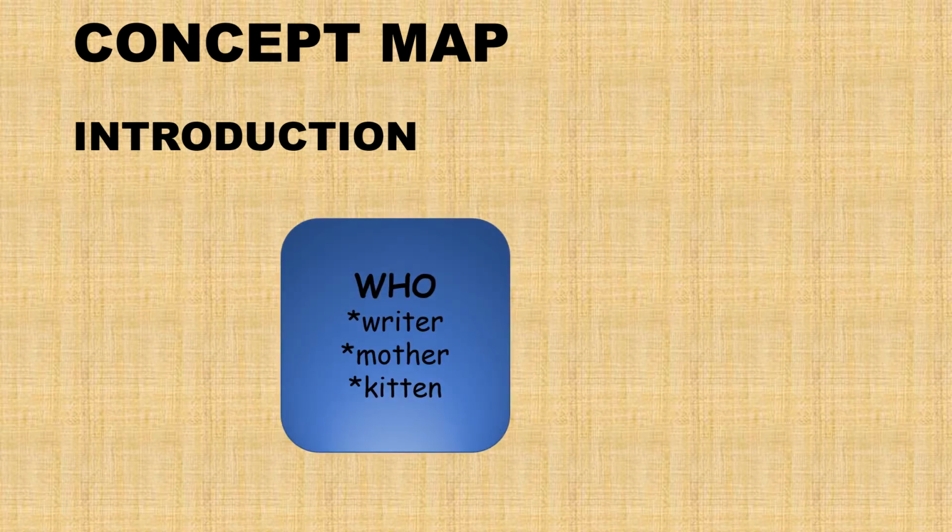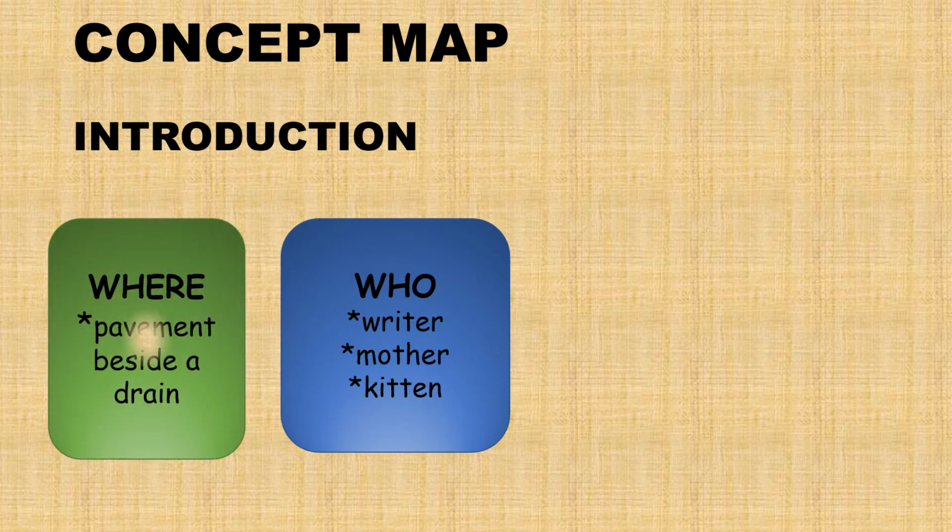Before we start the continuous writing on this topic, cat in distress, let's take a look at the concept map. Now for the introduction, you need to draft out who: the writer, mother, and kitten are the characters in this continuous writing. As for the location, the place where it happens: the pavement beside a drain.